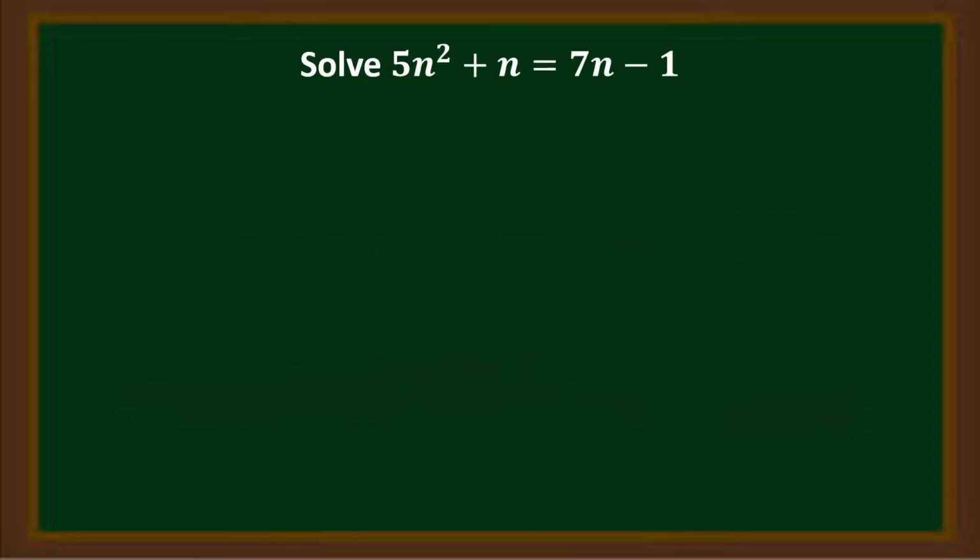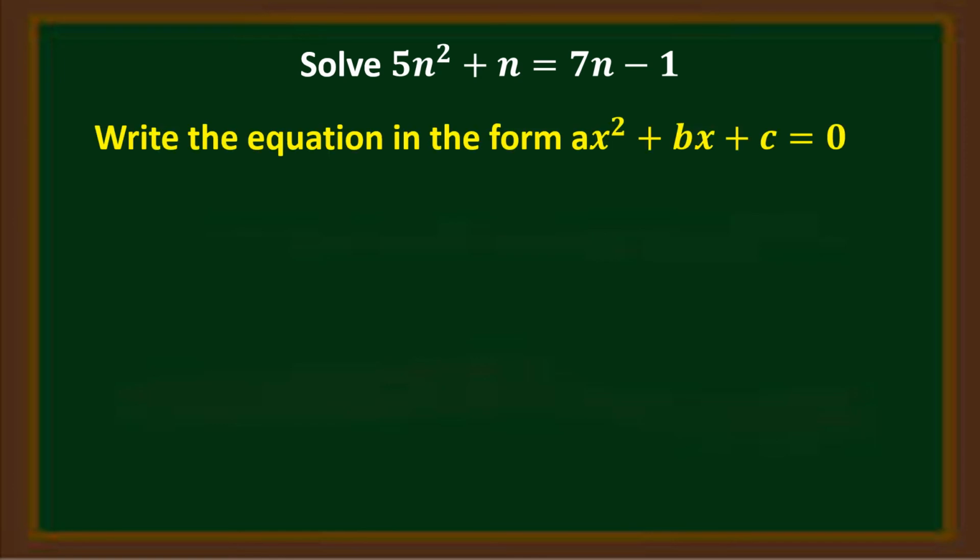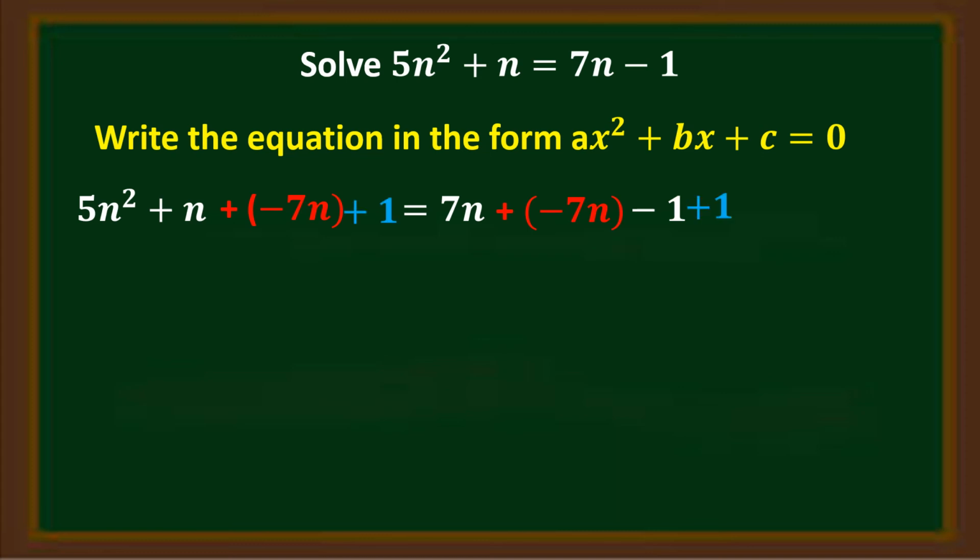Our next example is 5n squared plus n is equal to 7n minus 1. First thing for us to do is to write the given equation in the form ax squared plus bx plus c is equal to 0. To do that, we'll be adding both sides of the equation by the additive inverses of 7n and negative 1. The additive inverse of 7n is negative 7n, and the additive inverse of negative 1 is positive 1.